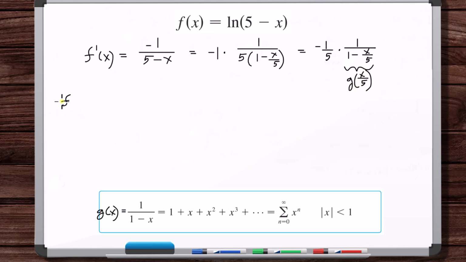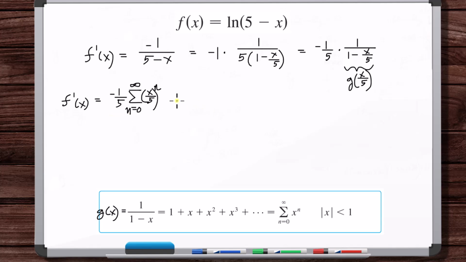So f prime of x then is, we just replace this with x over 5. And there we go. So that's f prime of x.